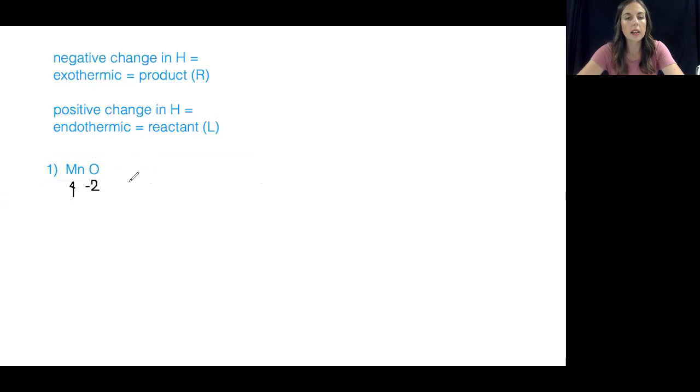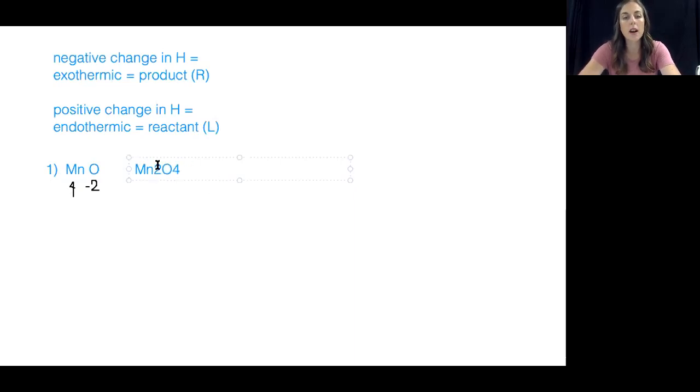Okay, so remember they told us before, lots of modules back, that if the charges are not the same, we're going to ignore the positive and negative and switch the numbers, which would leave us with Mn2O4.